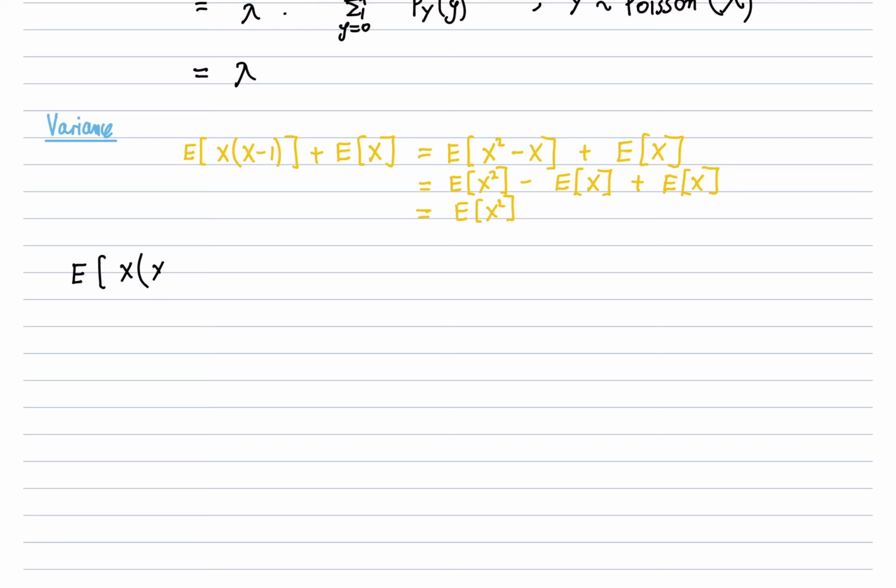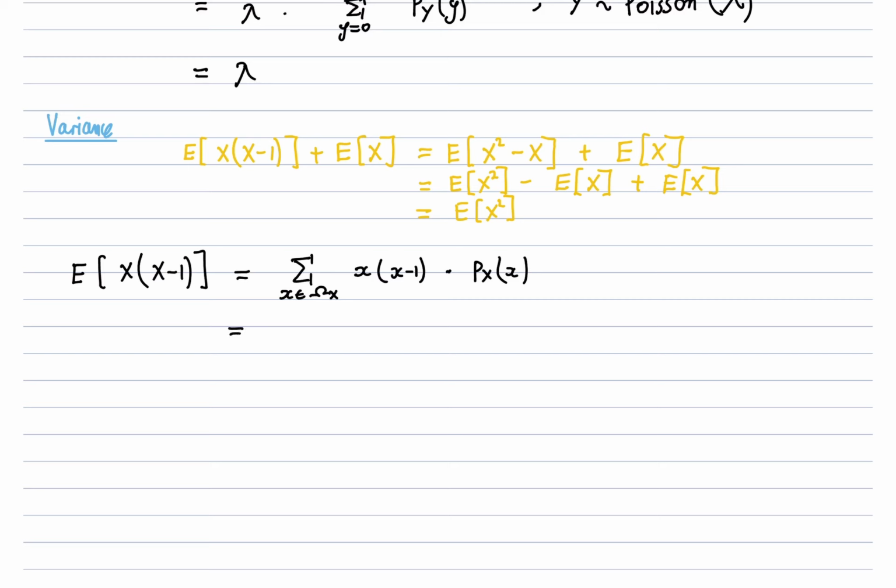The expected value of X times X minus 1 is equal to, again, I'm going to use the definition of expectation. It is the sum across the whole support of X of X times X minus 1, times the probability mass function at x.